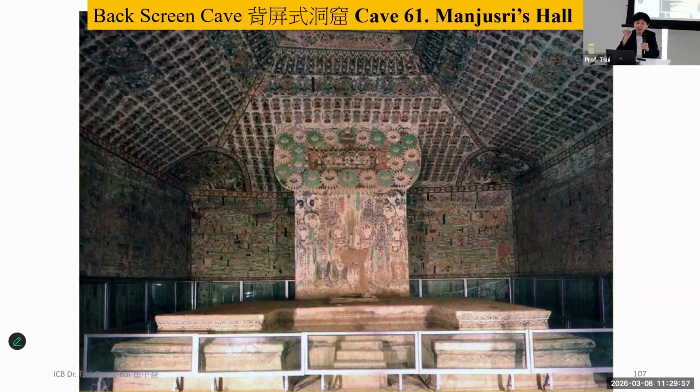The lion is the main attribute of Manjushri Bodhisattva. So they discovered a lion's tail fragment here, and based on the fragment, scholars identified the main statue as Manjushri Bodhisattva. He is riding on the lion, but the whole group of sculptures was destroyed.